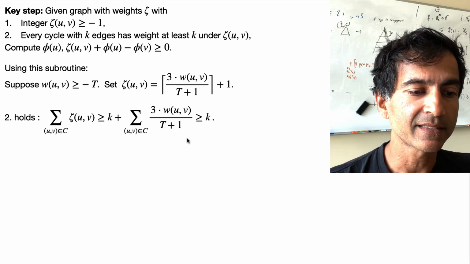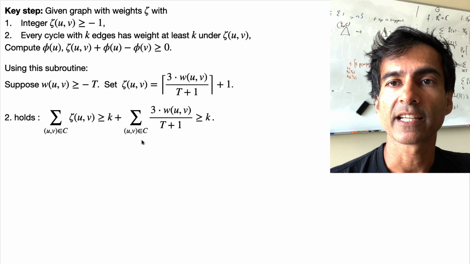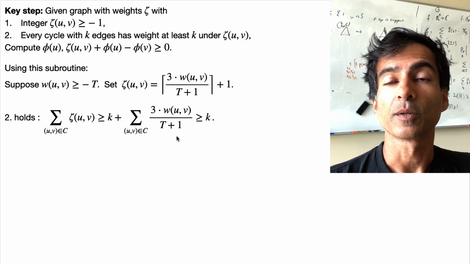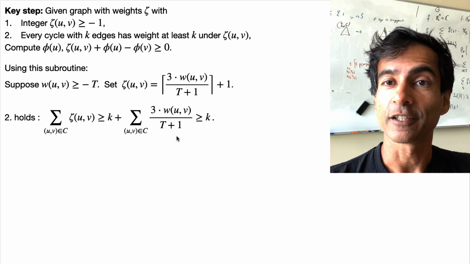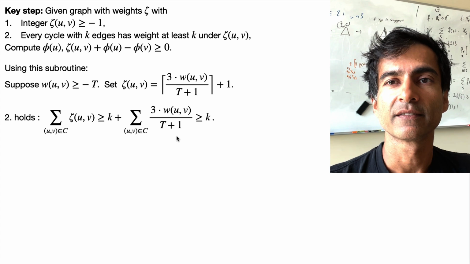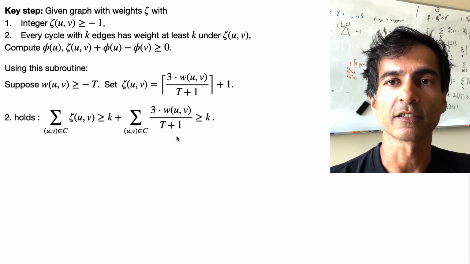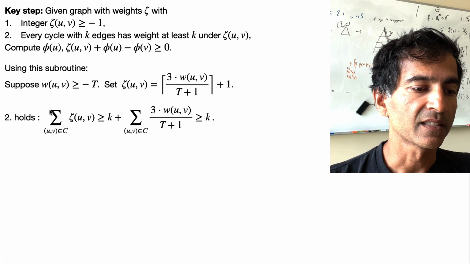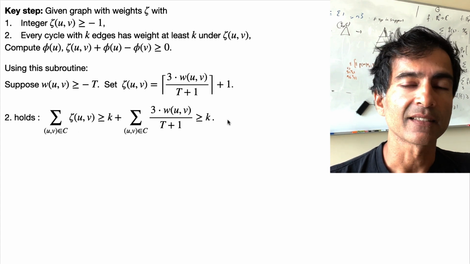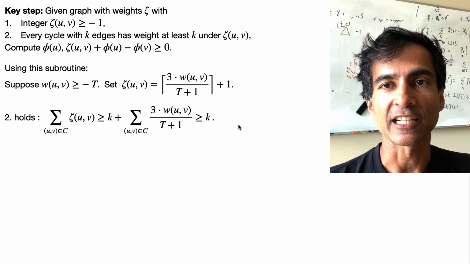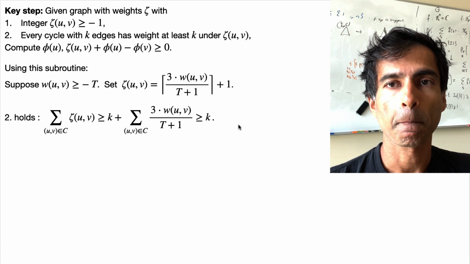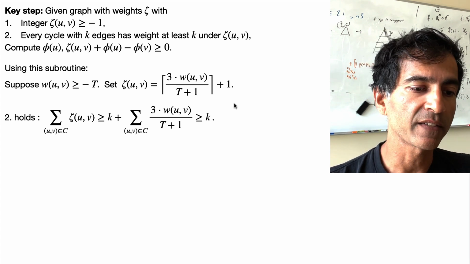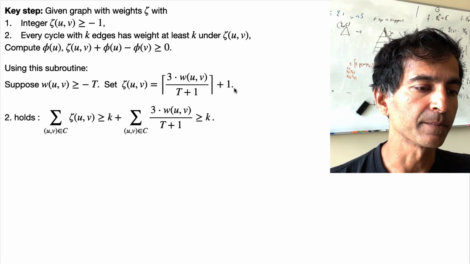Okay, but this sum is non-negative because we're promised by assumption that there is no negative cycle in the graph. Okay, so the sum of the weights on any cycle is at least k if the cycle contains k edges. All right, so this weight function zeta satisfies both conditions.